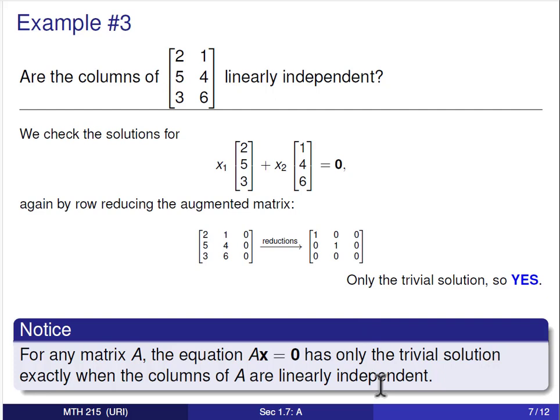Now hopefully you can see the connection there. The solution AX equals 0 is pretty much the equation that goes with this augmented matrix, but this vector equation testing for linear independence also goes with this augmented matrix. They're basically the same question, and that's why the theorem is true.